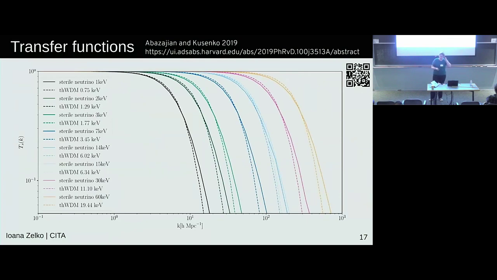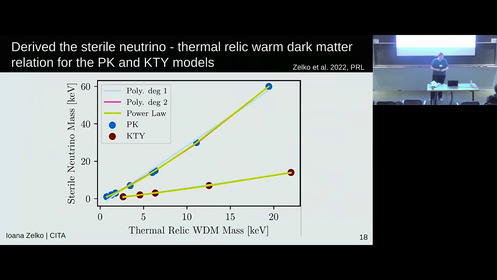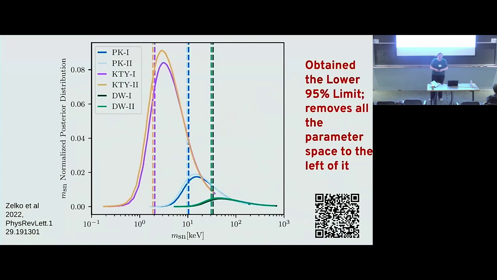So this basically simplifies the analysis a lot because one does not have to run the whole pipeline again. So what I did is I inferred a conversion relationship between the mass functions of the sterile neutrinos and the thermal relic warm dark matter, and then I transferred the posteriors that were measured for each sterile neutrino model, obtaining a 95% lower limit on all of them.